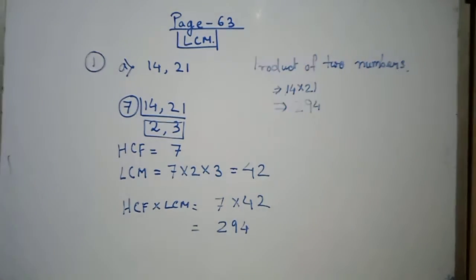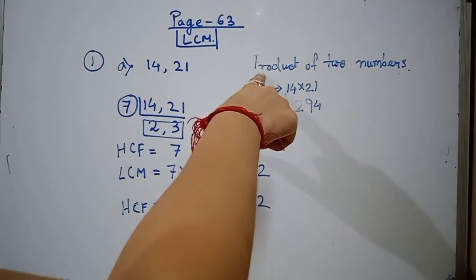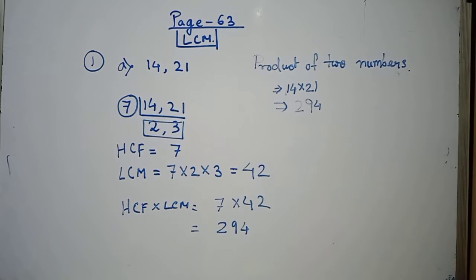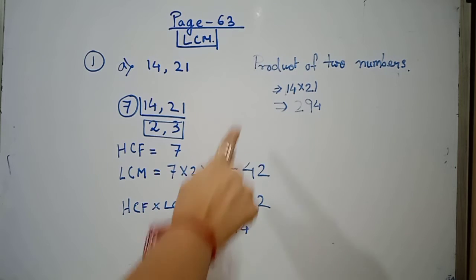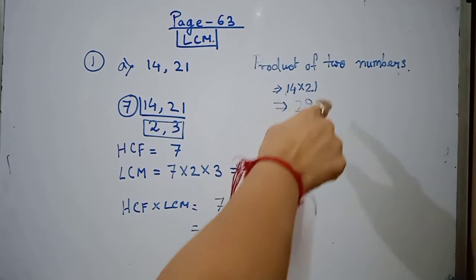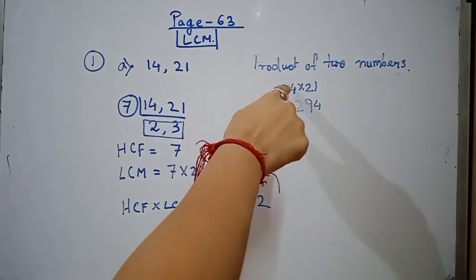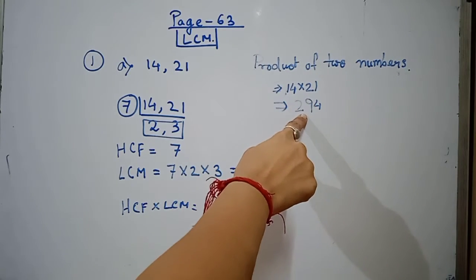When we multiply two numbers, what we get is called the product. So multiplying HCF and LCM I get 294, and multiplying these two numbers I also get 294.